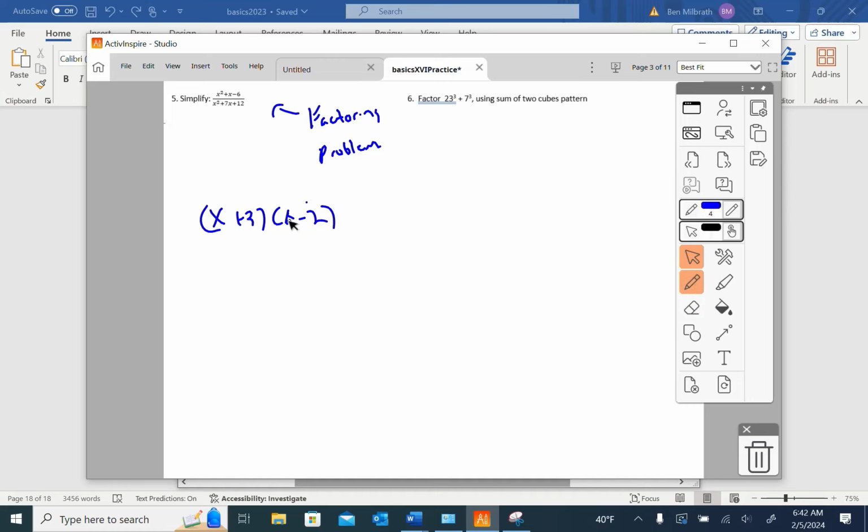The bottom is going to factor as x plus 3 times x plus 4. And again, figure that out. It's called guess and check.